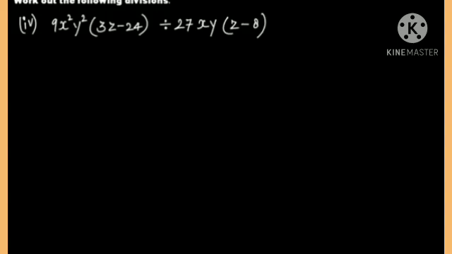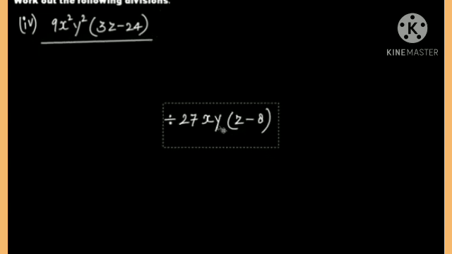In this case, this is 9x squared y squared multiplied by 3z minus 24 divided by this number.